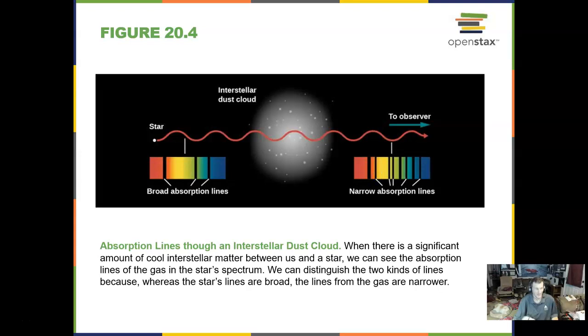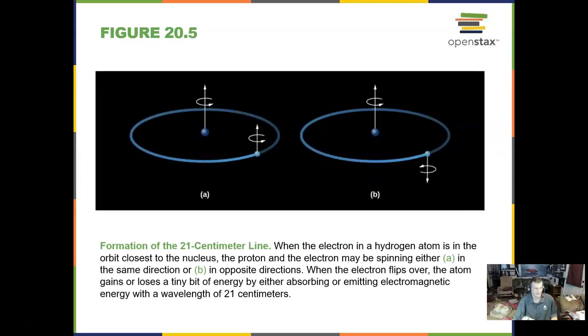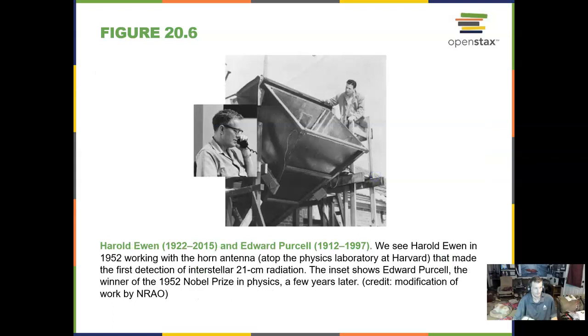We can look at the absorption lines of spectra going through an interstellar cloud to determine what it's made up of and how it's moving. 21 centimeter radiation is given off by cold molecular hydrogen.